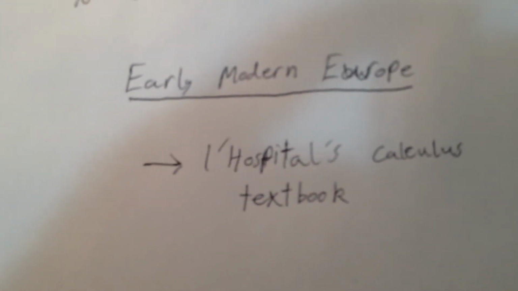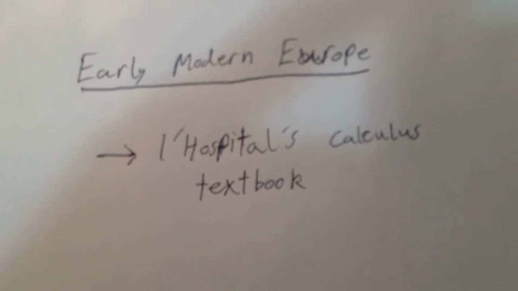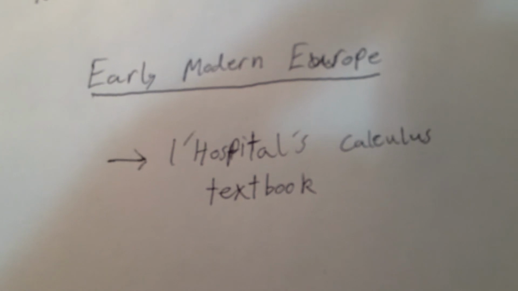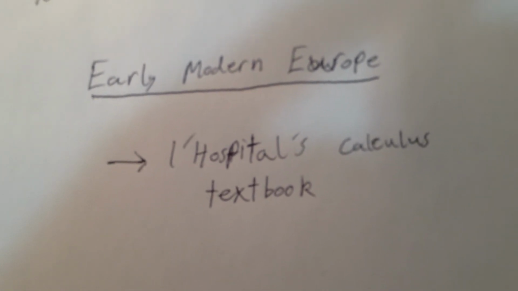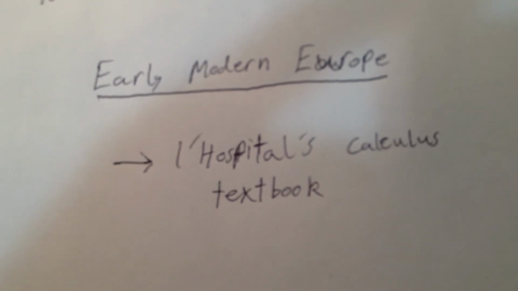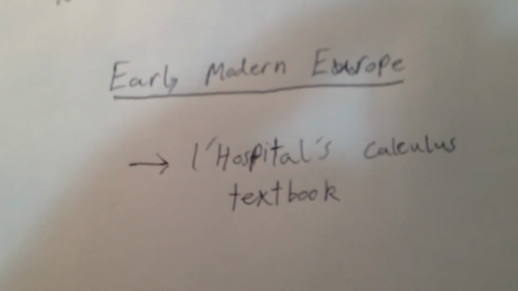He's independently wealthy. He can do what he wants. The reason he wants to print this textbook is because he wants prestige within the academic community and to advance the scientific field that mathematics has then become in early modern Europe because of this new technology.